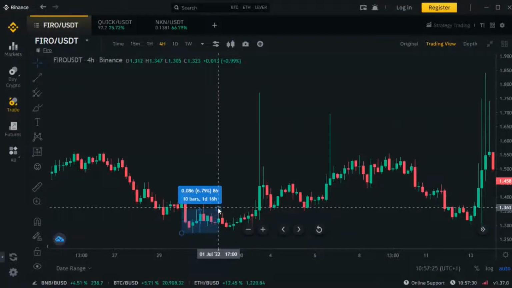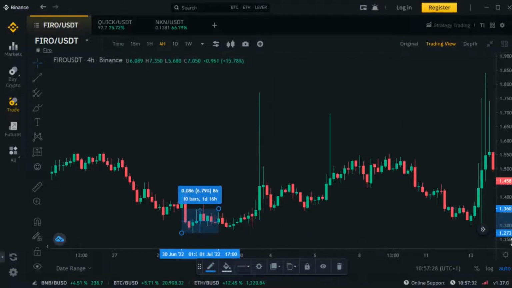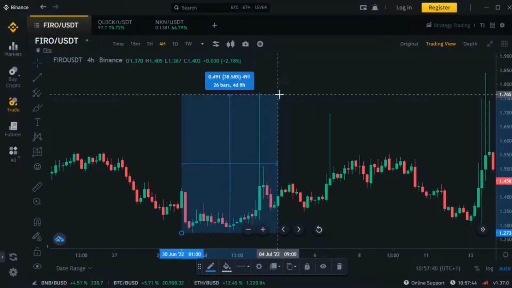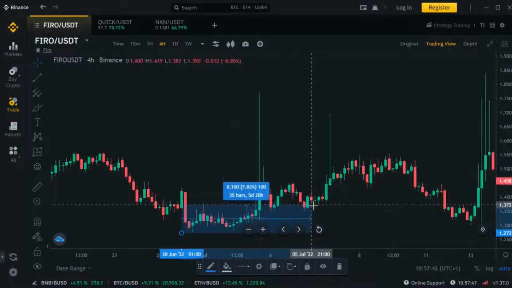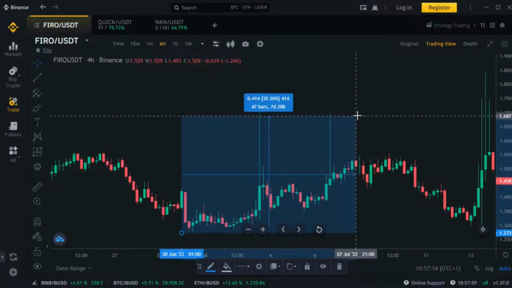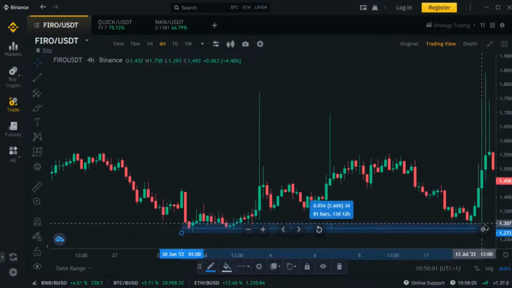Okay, moving on to the next crypto ticker symbol, FIRO. The most current bullish trend section of the FIRO USDT cryptocurrency pair started from the lowest price of this green candlestick bullish trend starter, which is $1.273, and bounced up by 38% and then dipped back down to 6.68%, and then bounced up again by 33% and then dipped back down to 2.20%.